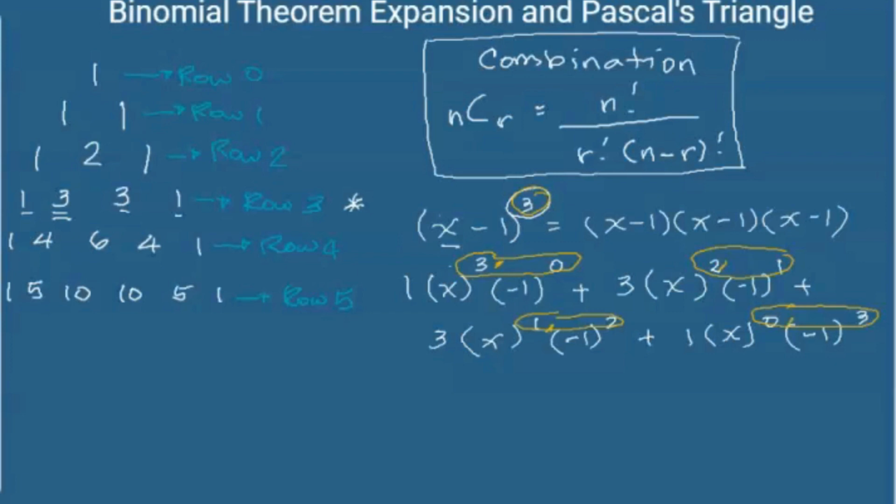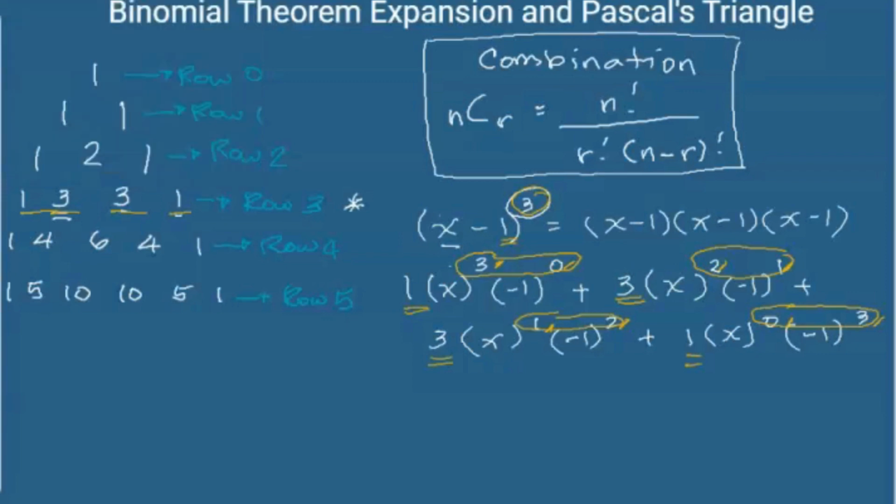And for the second term of the binomial, the negative 1, the exponent or the index increases: 0, 1, 2, and 3. And of course, we use the binomial coefficients 1, 3, 3, 1 of Pascal's triangle.